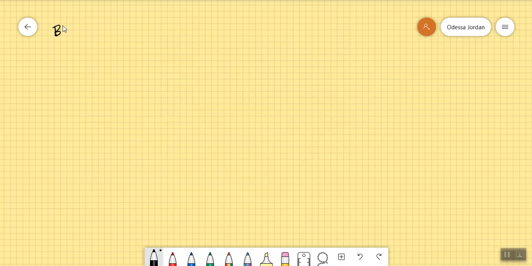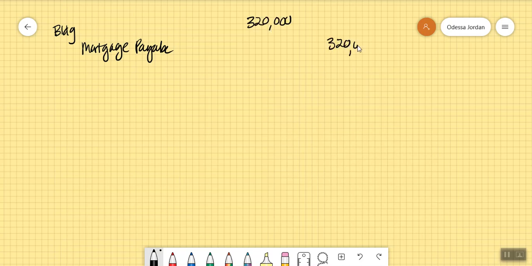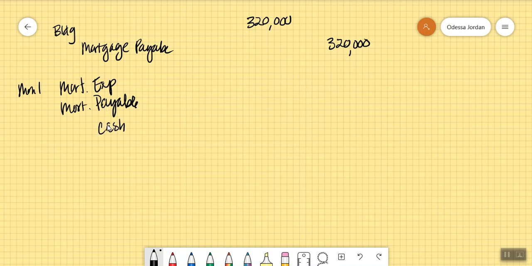So we purchased the building, and then we have the mortgage payable, 320,000, 320,000. Then in month one, the mortgage expense, the mortgage payable, and then cash. So remember, this is the Splitsville.